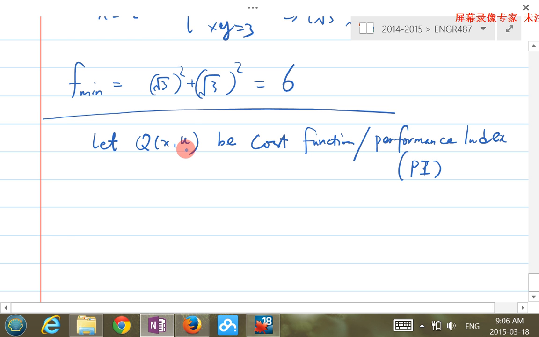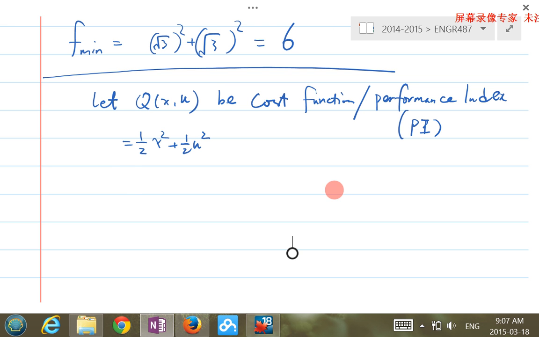So the idea is we want to minimize, let's say, a lot of the time this represents energy. Maybe it's x squared plus u squared, where x is a state and u is the input. The one-half x squared plus one-half u squared basically represents the concept of energy, and we want to minimize the energy consumption.